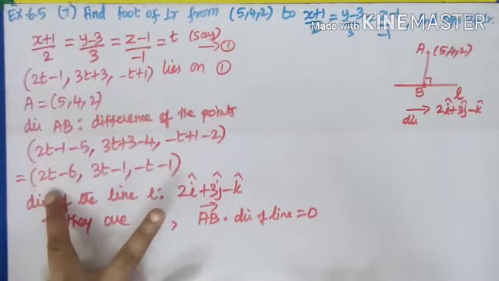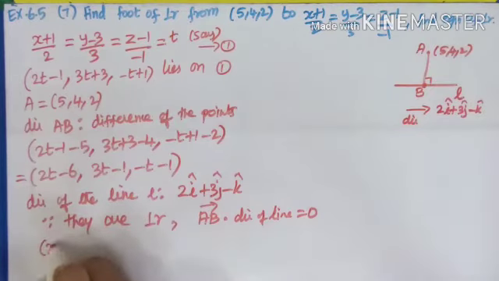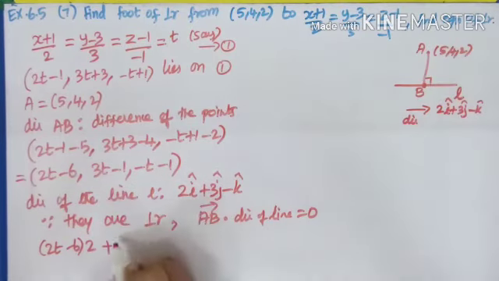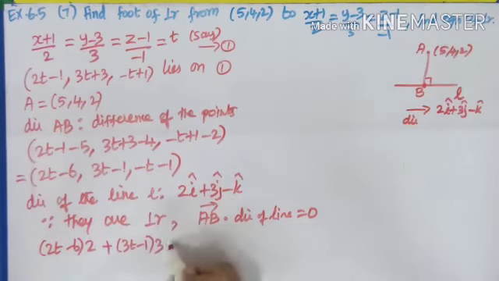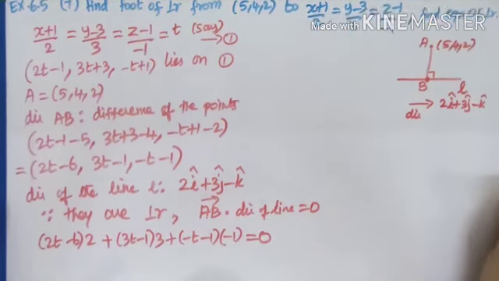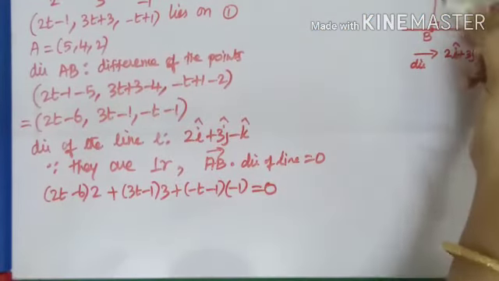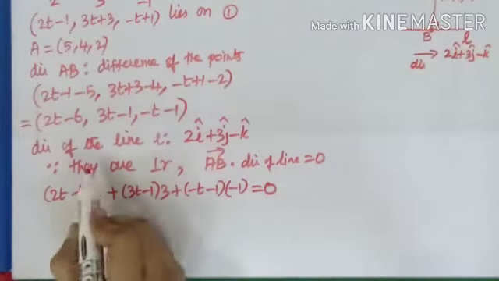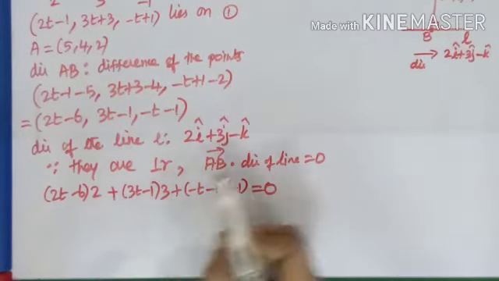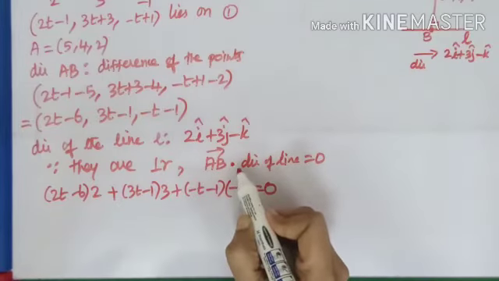So the dot product: 2t minus 6 into 2 plus 3t minus 1 into 3 plus minus t minus 1 into minus 1 equals 0.